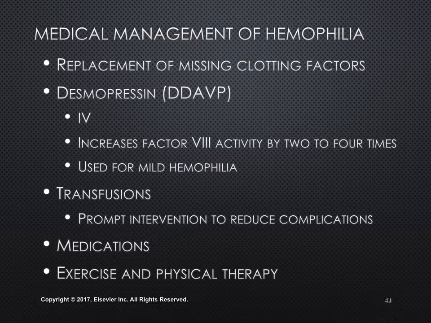And then medications for pain and anti-inflammatories are also used to some degree, and exercise and physical therapy to work on the decreased mobility that they have in their joints.